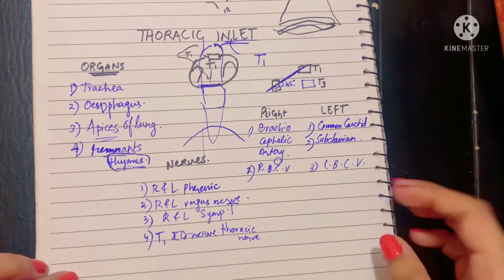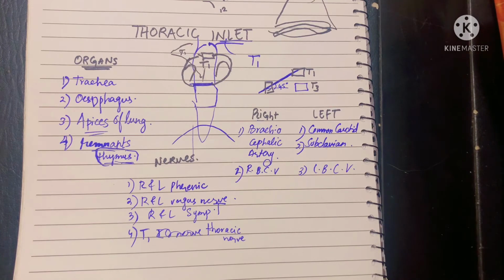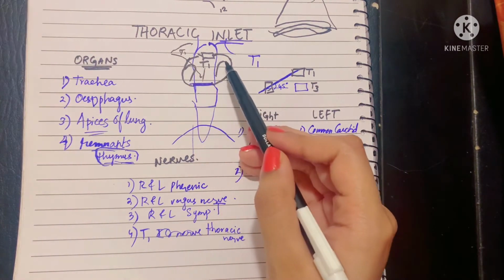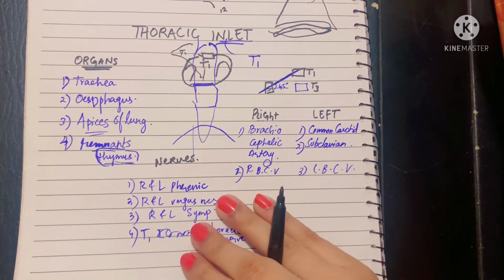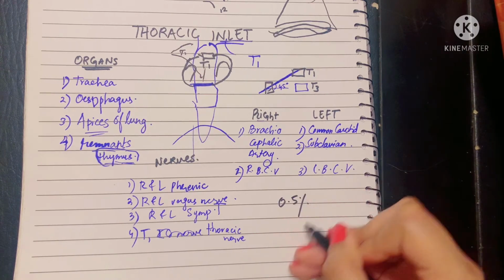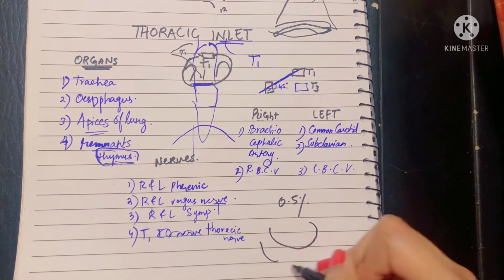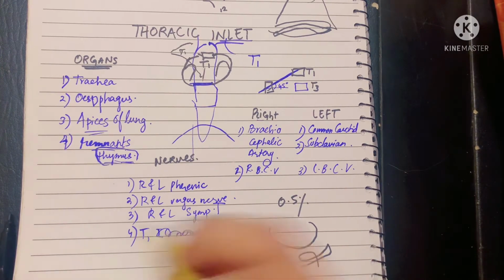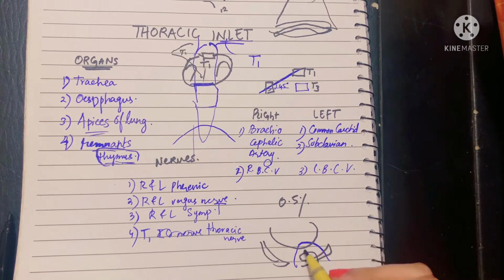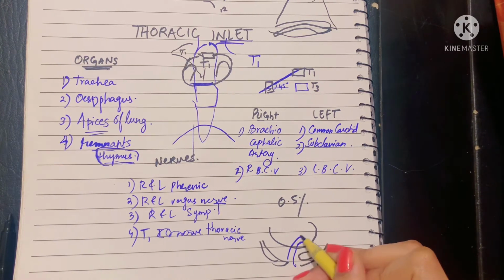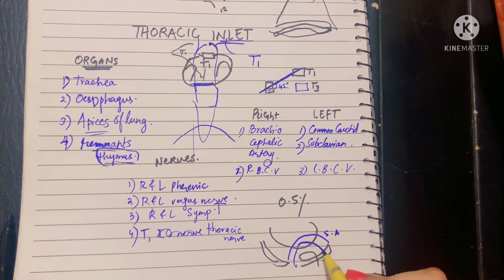Now let's discuss a couple of clinicals related to the thoracic inlet. The first clinical I'll talk about is the thoracic inlet syndrome. The cervical rib is an extra rib given above the first rib in about 0.5% of people. The structures that were passing above the first rib now have to pass through this, and this causes compression of these structures. There are two structures: the subclavian artery and, more importantly, the T1 spinal nerve that we just talked about.